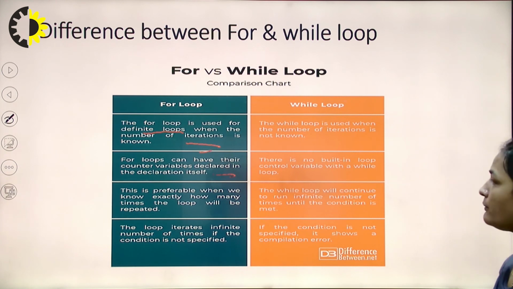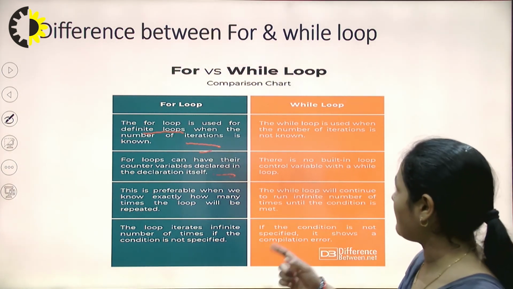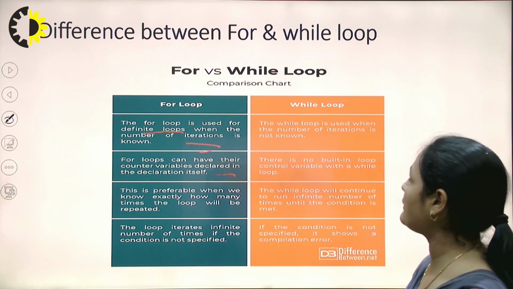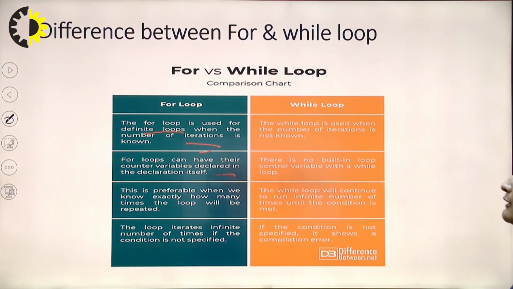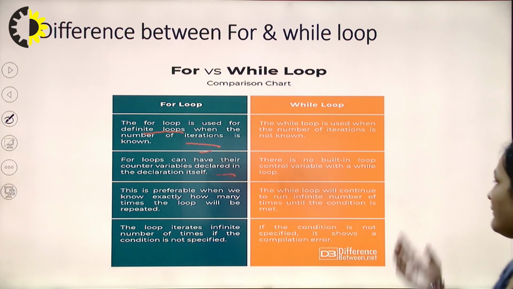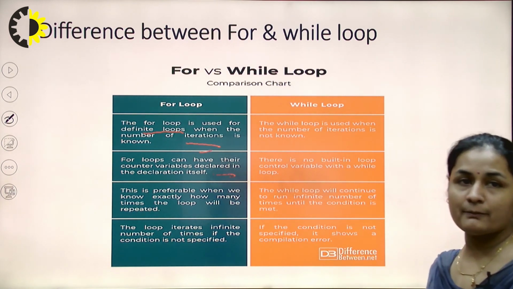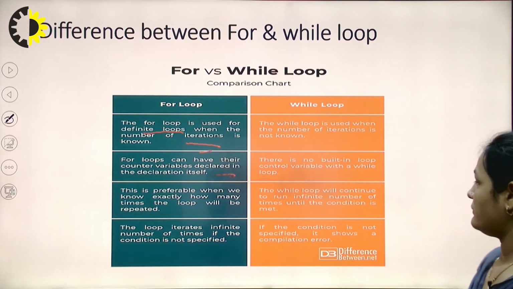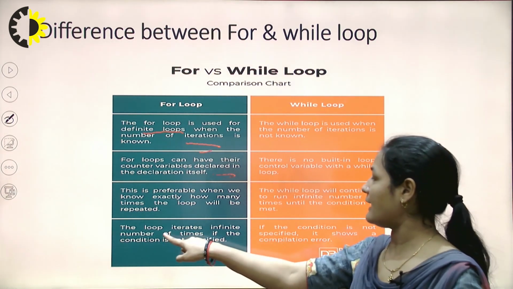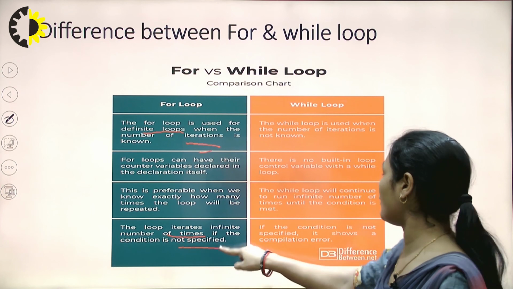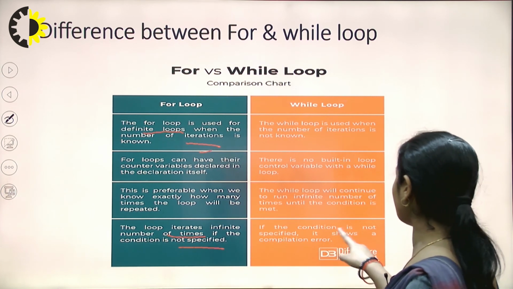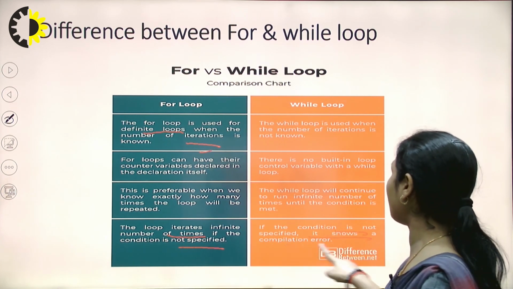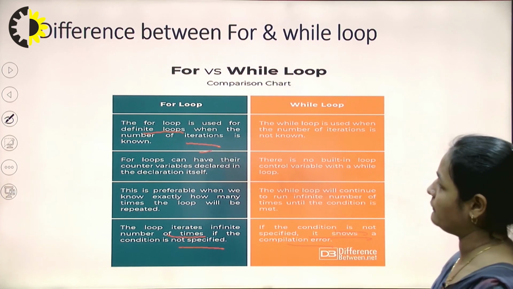For loop is preferable when we know exactly how many times the loop will be repeated, and when we don't know how many times, we prefer the while loop. The loop iterates an infinite number of times if the condition is not specified in a while loop, and if the condition is not specified in a for loop, it shows a compilation error.